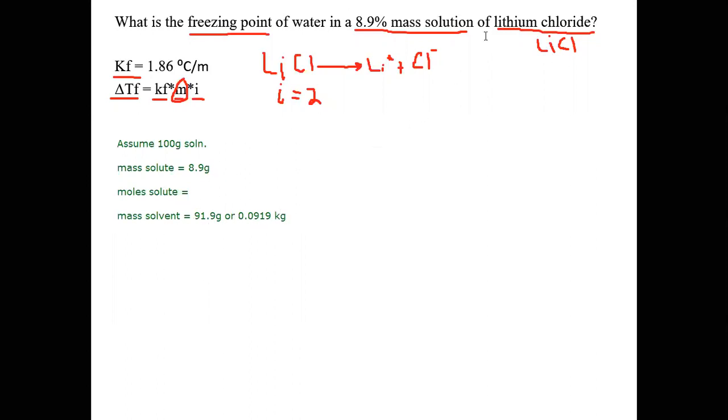So now for the moles of solute, we need to find the molar mass of lithium chloride. 6.94 plus 35.45, we get 42.39 grams per mole. So now we can find the moles of solute, mass divided by molar mass.